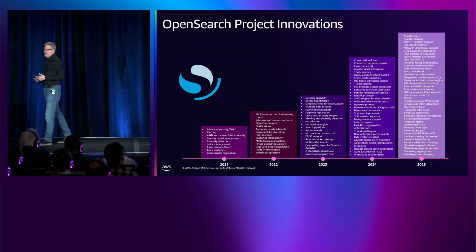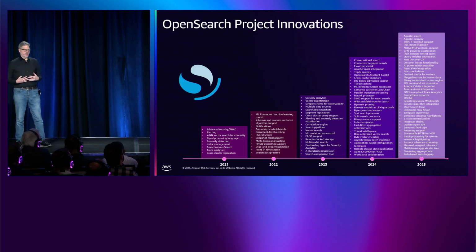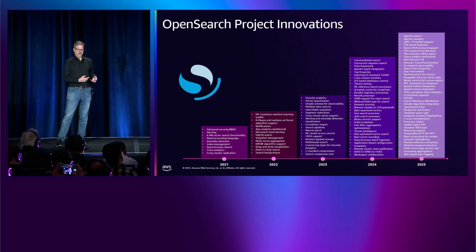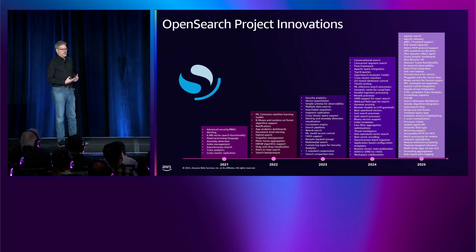When you think about why people are gravitating to OpenSearch, choosing a platform that's going to be as important to your business as your core search engine and your core analytics engine, these are multi-year bets. You're making a large investment.